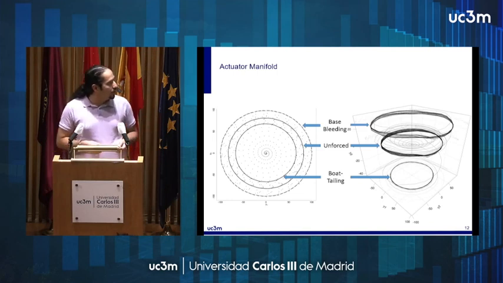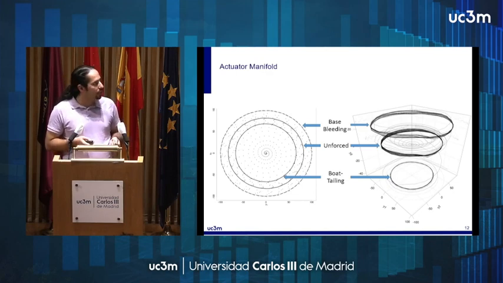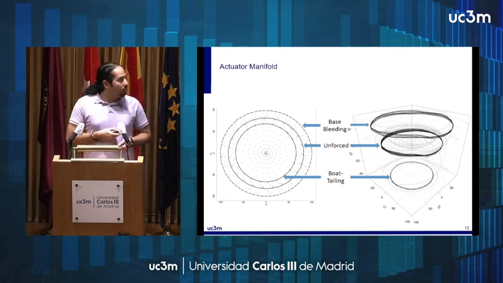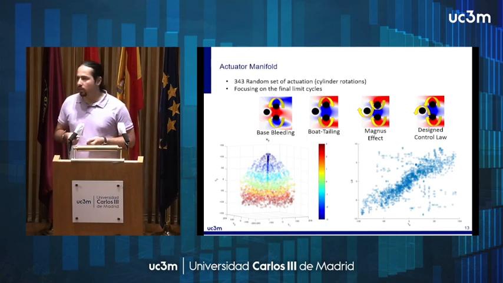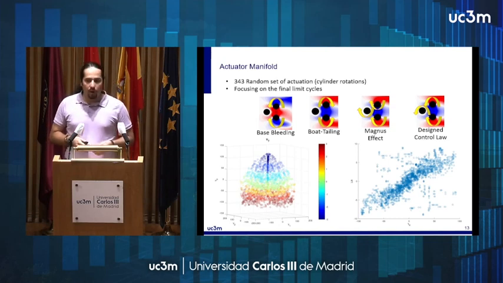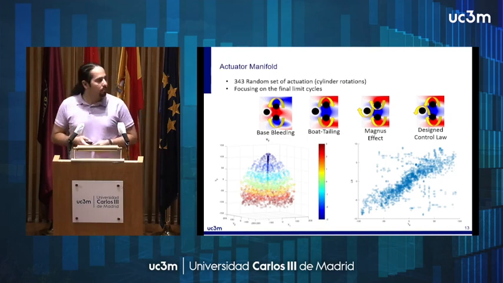And again, here you can see that our method perfectly distinguishes between different control strategies, and it proves that we can use this method to find a manifold of all of the possible actuation scenarios that is limited by some, let's say, technological limitations that we have in our problem.